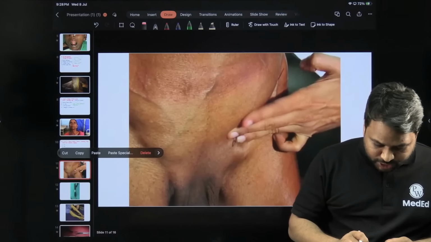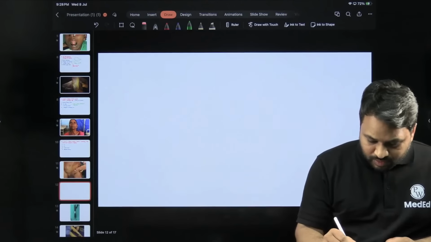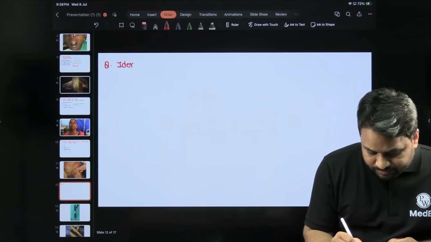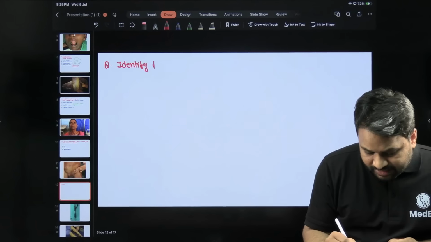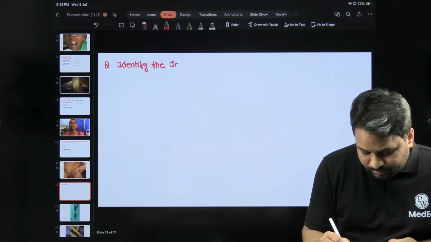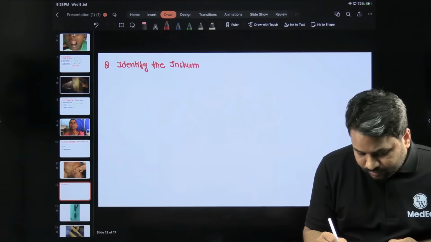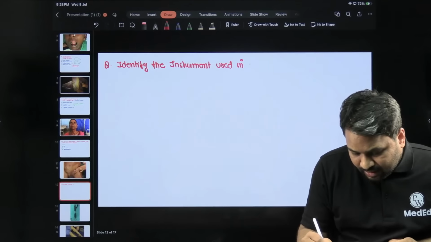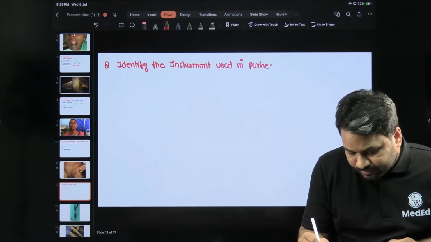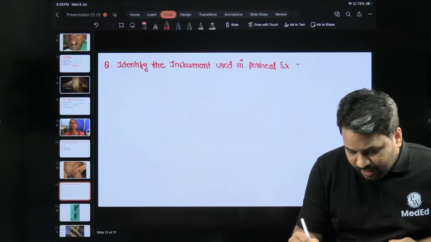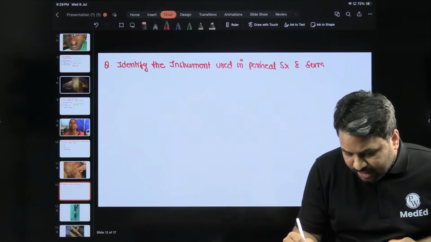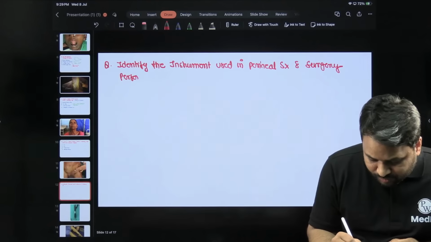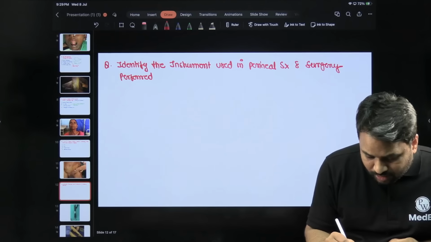Going on to the next question. The next question is: identify the instrument used in perineal surgery and the surgery performed, right?